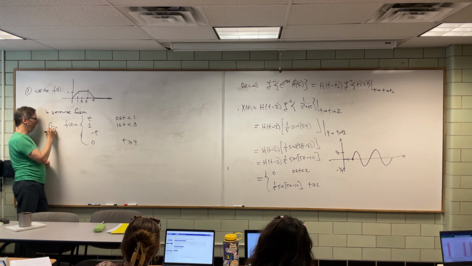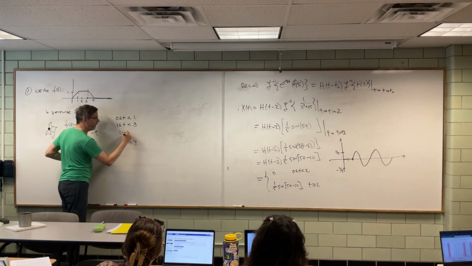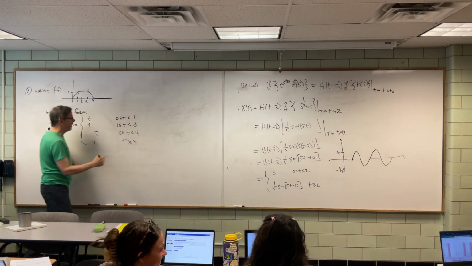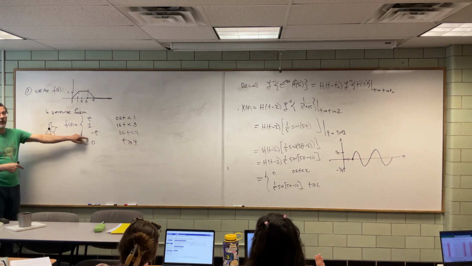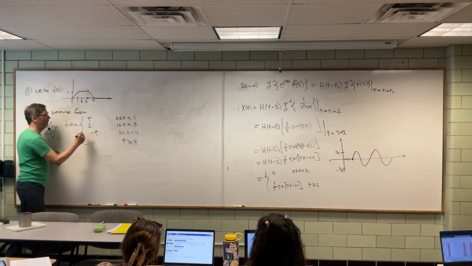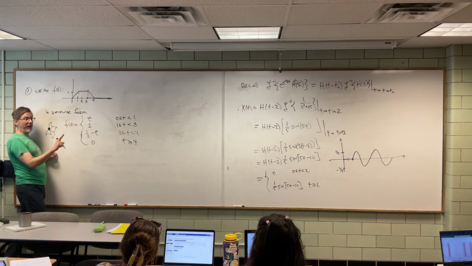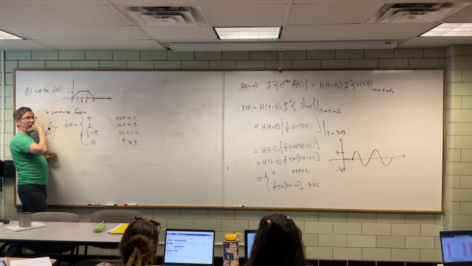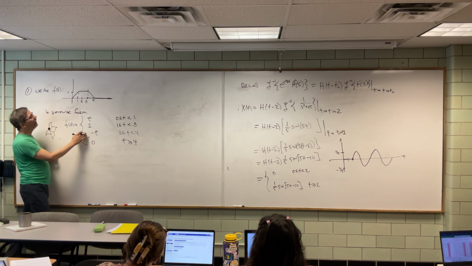And t is between 3 and 4? Okay, I like that. That's something to write. What is this function? 1/3? Are you saying 1/3? So when t equals 4, I need to have a 0 come out, right? So for that line at least, I have -1/3 t plus 1/3.